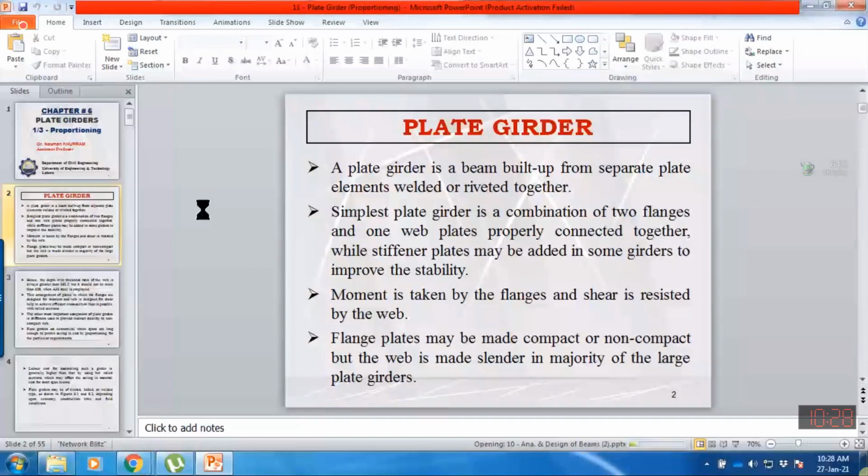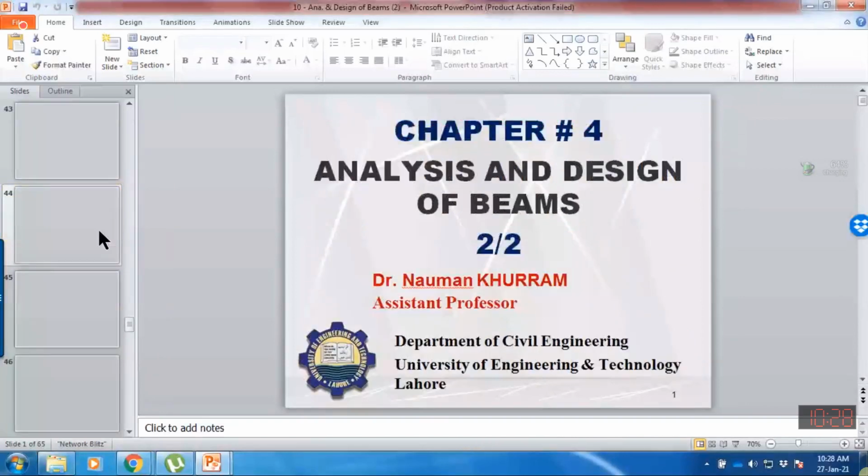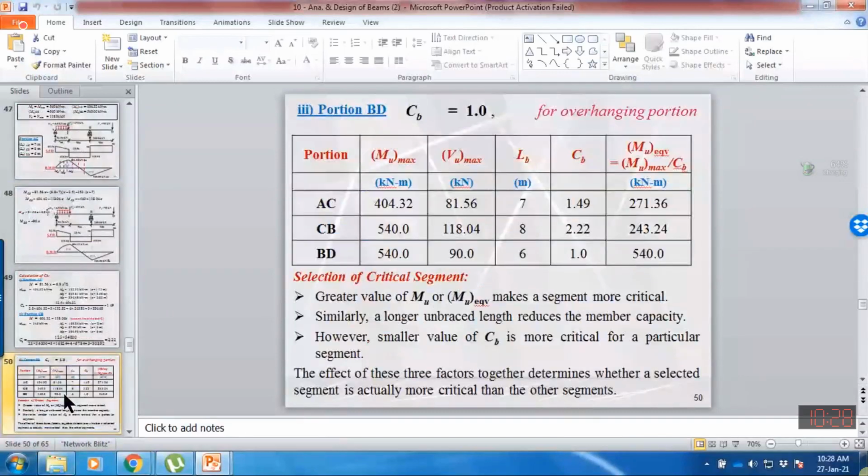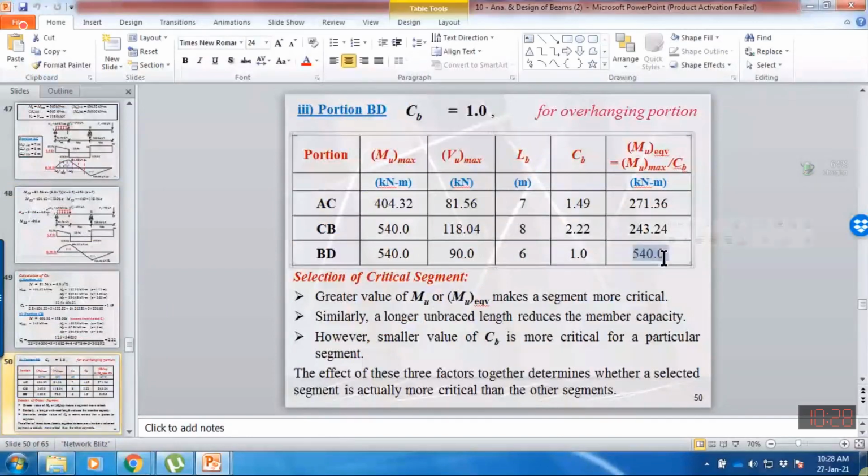For example, when we solve this example, let's suppose we design our beam section based upon this bending moment. Actually, we design the hot roll section based upon the maximum bending moment diagram. And then we have to accept that section and just verify the shear capacity.